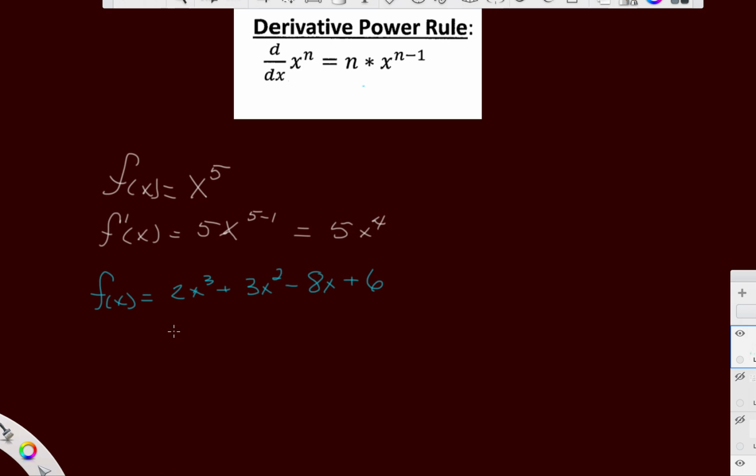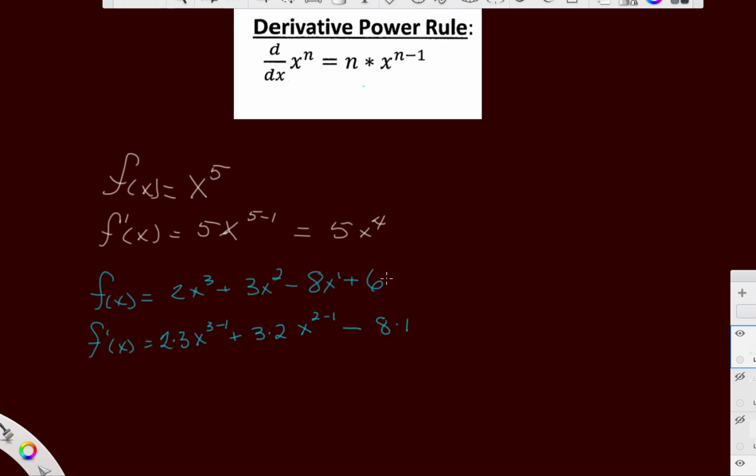So what we're going to do is f prime of x, or the derivative of this function, excuse me, is 2 times 3x to the 3 minus 1, plus 3 times 2, because that's our power, x to the 2 minus 1, minus 8 times 1, because that's our power here.